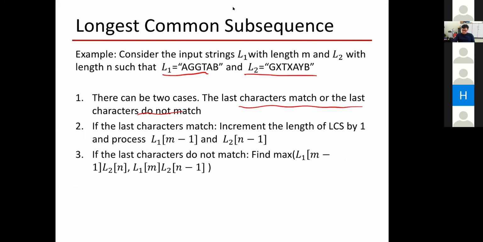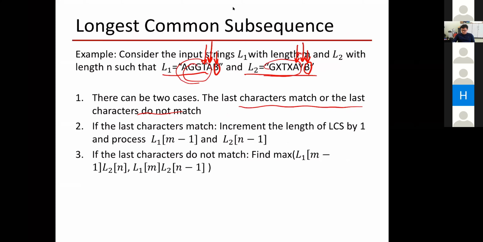Subtracting one, what do I mean? Let's say you are looking at the last point. You match, then what do you do? Your pointer moves to this point. If not matching, I keep repeating by moving one point, or I decrement this one pointer, then keep repeating on this.